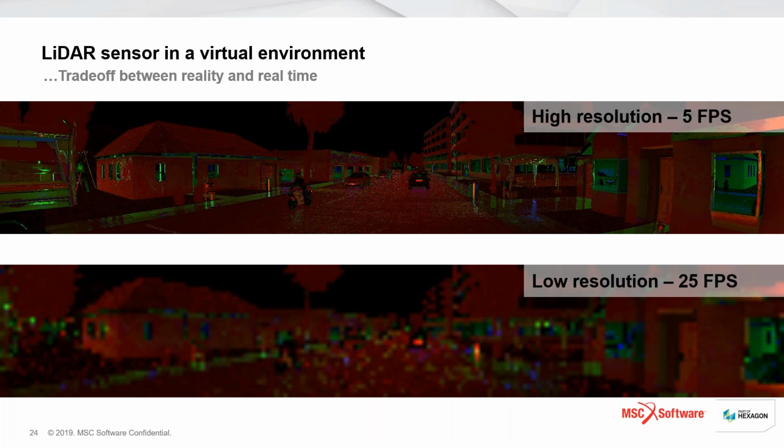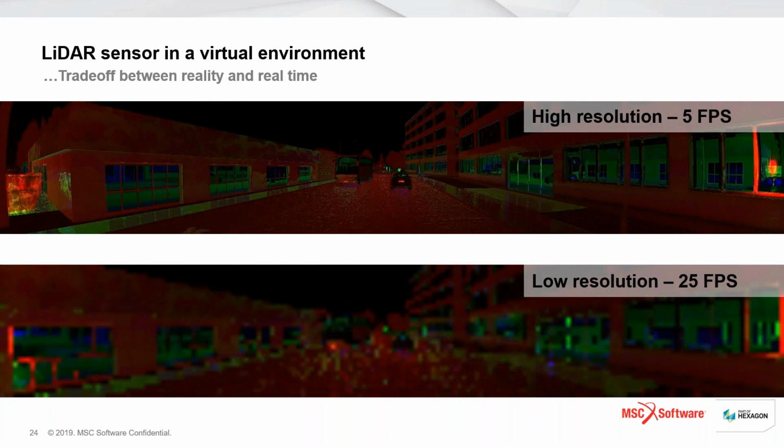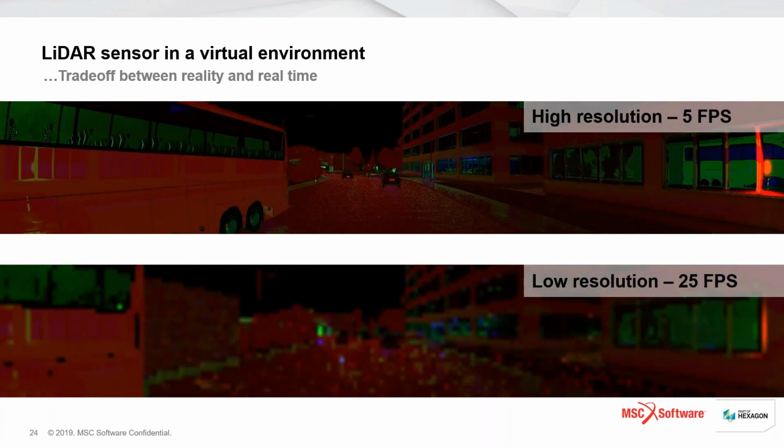So whether you're able to run in real time with this module depends definitely on the accuracy that you are researching, on the definition. For example, here we have two different lidars, the high resolution lidar and the low resolution lidar, but this is just an example.